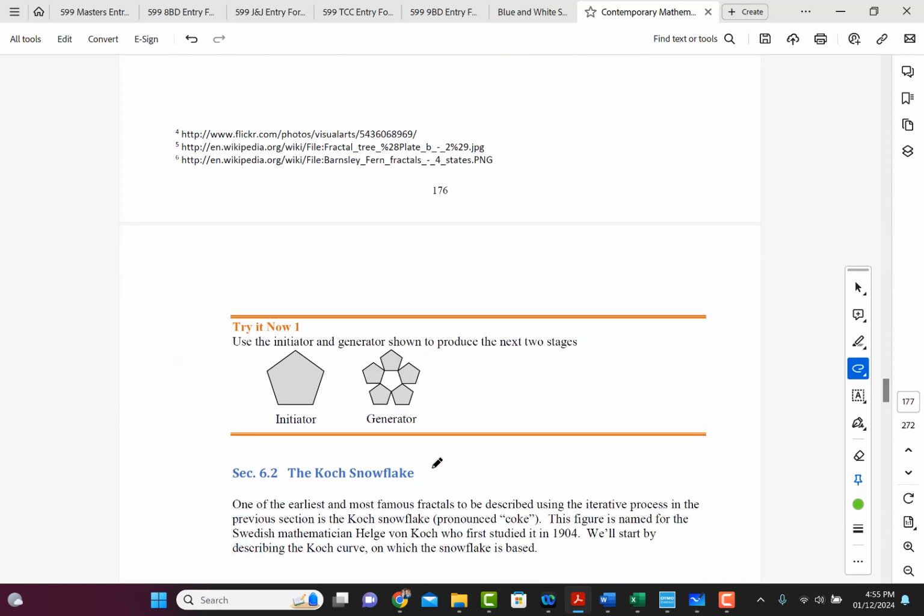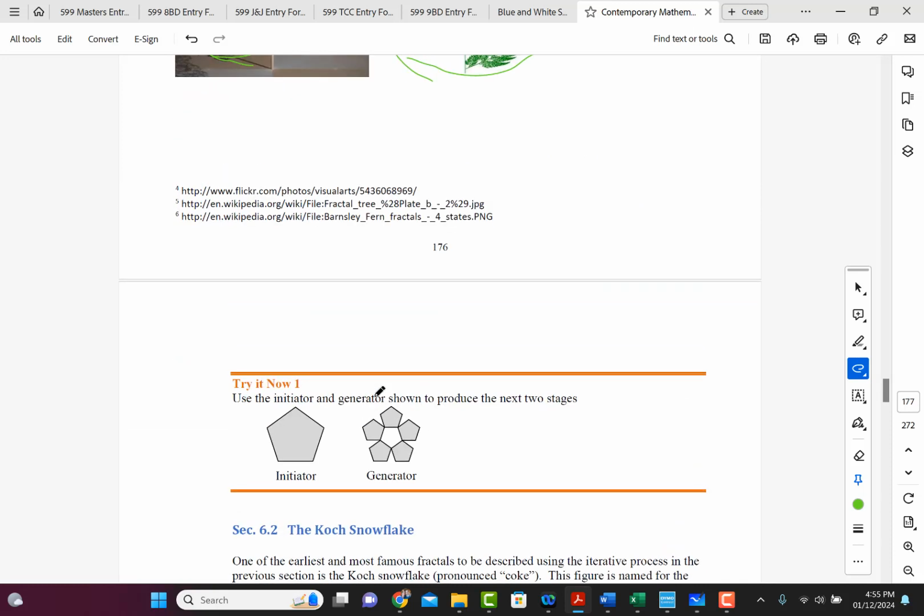Okay, so now, the triad. In this case here, the initiator is the pentagon. So we have the pentagon, and the generator is saying we're going to put one on every side, connecting on each side, inside here.